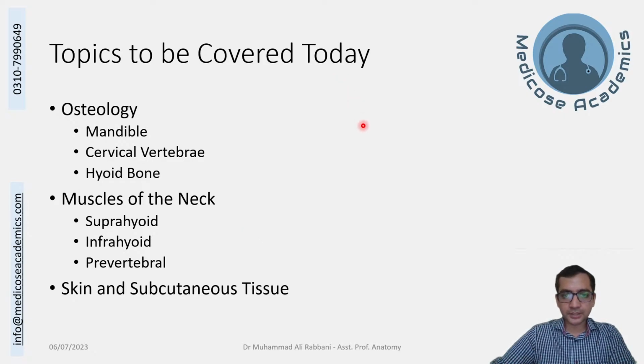In the subsequent two lectures, we will discuss the arteries, veins, nerves that are passing between them, and the viscera that are covered and present there. So that will be our next topics, inshallah.